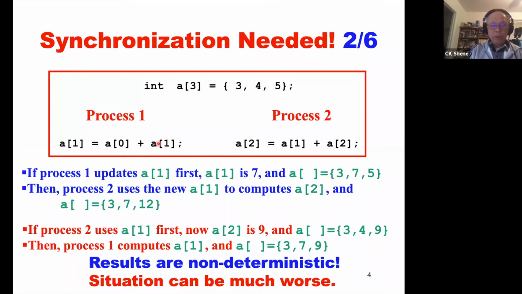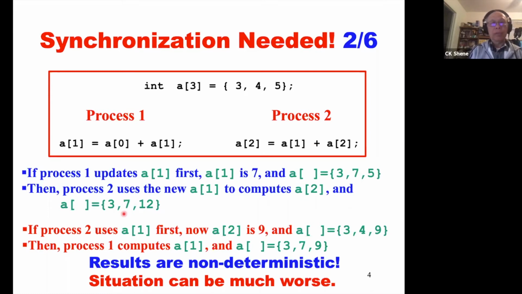So when process 1 completes, array A would be 3, 7, and 5. This is the situation before process 2 starts. What if process 2 starts after? Process 2 will see that A1 is 7 and A2 is 5. The sum of A1 and A2 would be 12. 12 would be saved to A2. Therefore, when process 2 finishes, array A would be 3, 7, and 12.